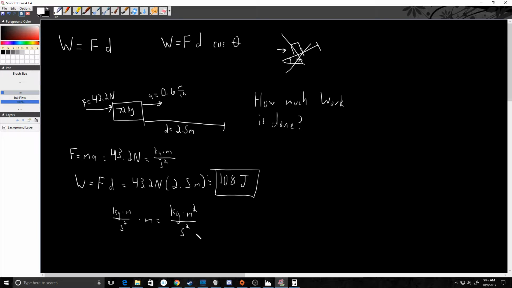All right, so let's look at a different example here, where I'm applying a force but my distance is in a different direction. Let's say I have a piece of luggage with a mass of 20 kilograms.